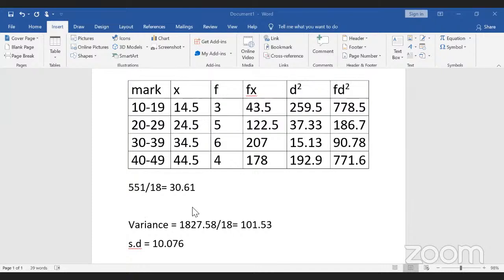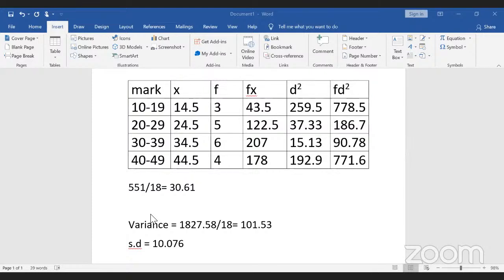Yeah, that is correct. The 4-figure table is giving us the summation of f into x minus x bar. So whatever is inside the bracket, x minus x bar, as per the 4-figure table, is what we have as deviation.